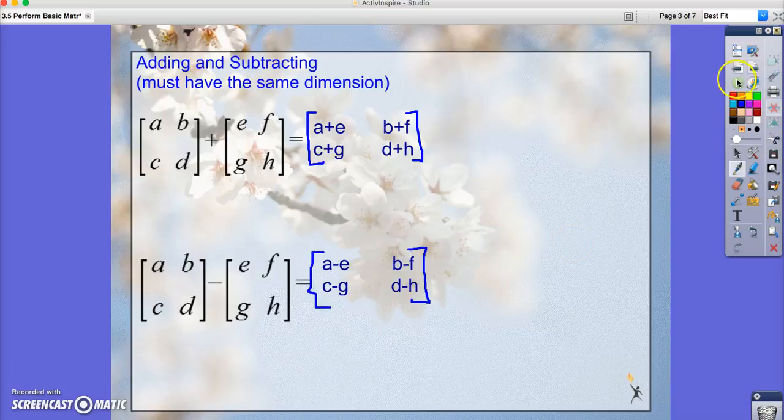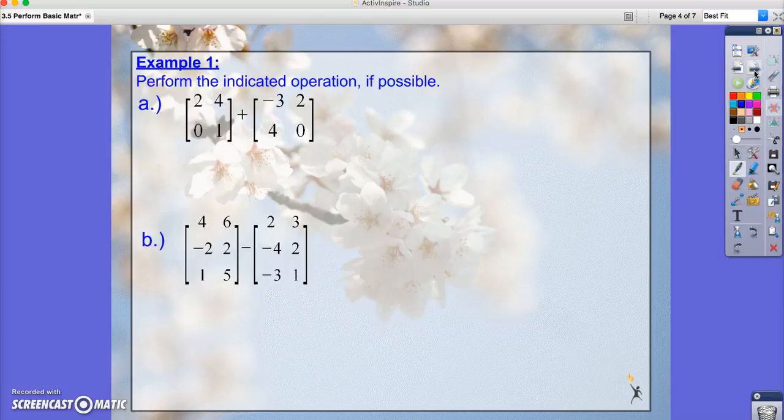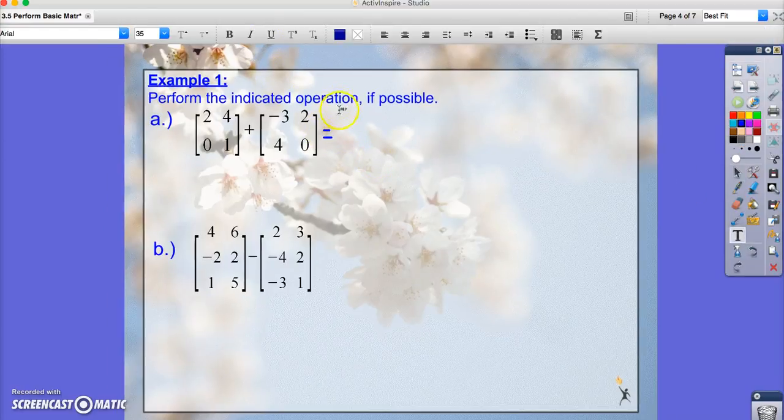All right, let's take a look at an example actually doing that. Example 1: perform the indicated operation if possible. So if I start here, the top left: I get 2 plus a negative 3, which is 2 minus 3. 2 minus 3 is negative 1. So you see how we are doing order of operations, or integer rules.